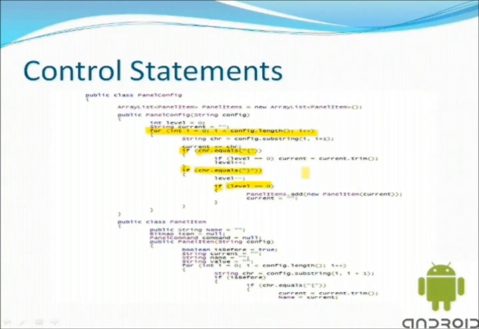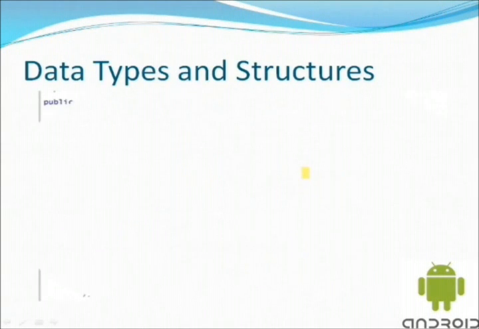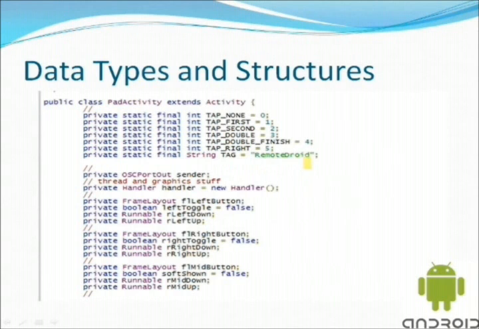The last characteristic of readability is data types and structures. Here's an example for data types and structures. We all know the data types: int, float, double, and also Boolean expressions are data types.